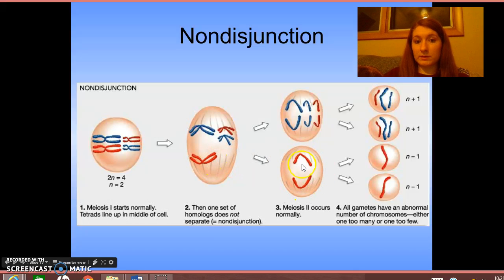So this cell will have no little blue chromosome. Instead, it will be over here, and it will have 3 chromosomes over here, and this one will only have 1. At the end, it would be haploid number plus 1 for these two, and this one would be haploid number minus one. So these two would have fewer chromosomes than needed, and these two would have more chromosomes than needed in their gametes.